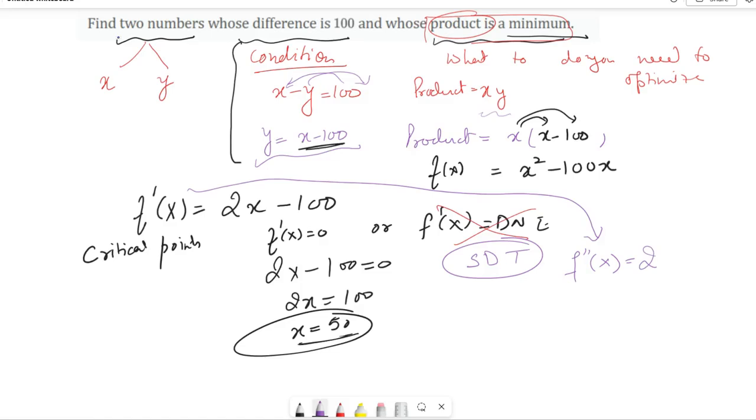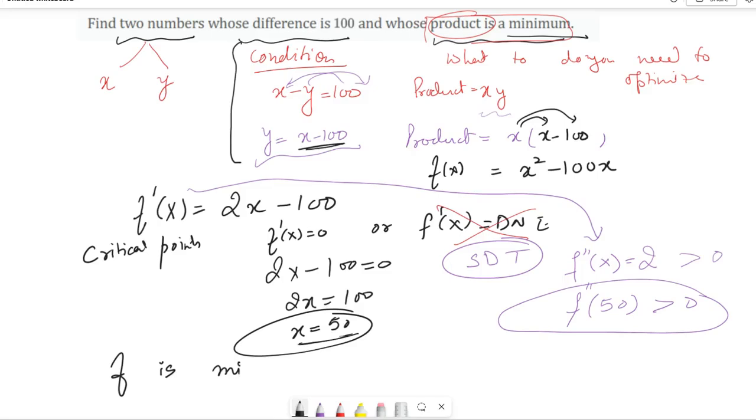Now, the second derivative at 50 is positive. Actually, this second derivative is always positive. So the graph is always concave upwards, right? So because the second derivative is positive, we can claim f is minimum at x is equal to 50.